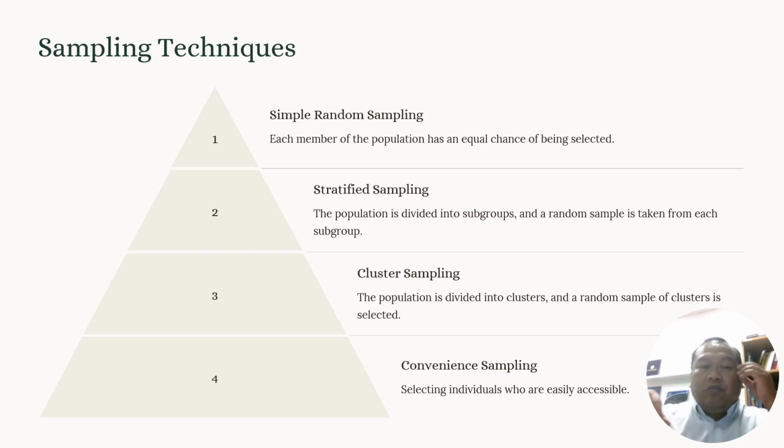So you choose 35 people randomly. That means all the 50 have the chance of being selected to be part of the 35, and all the 50 also have a chance of not being selected and belonging to the 15. So it's what you call random sampling.